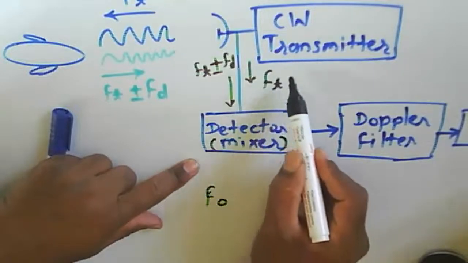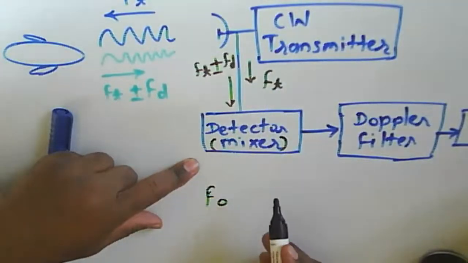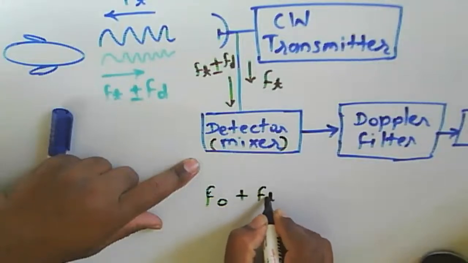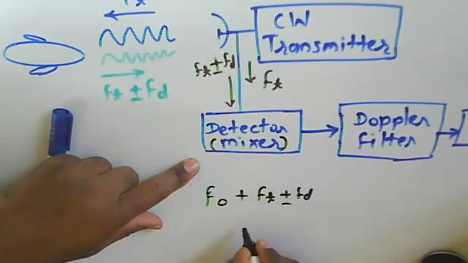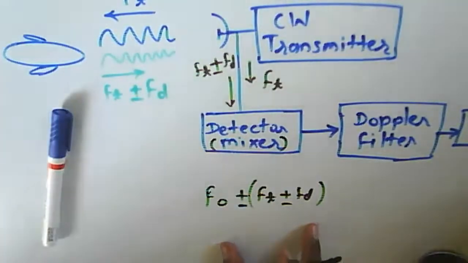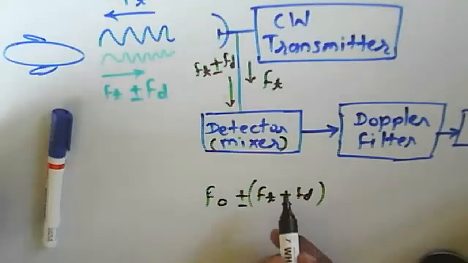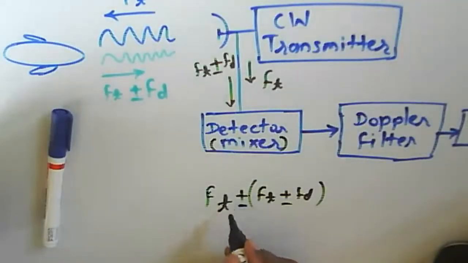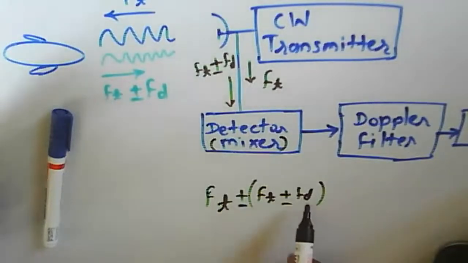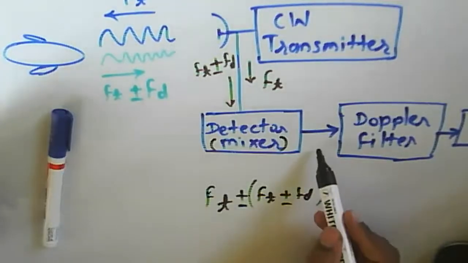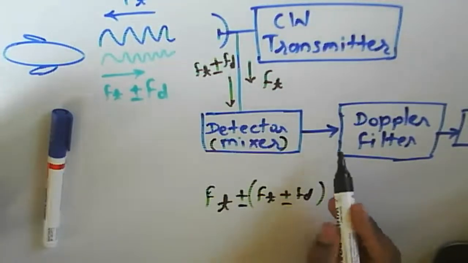Right now ft is nothing but your local oscillator frequency signal, and we get the signal ft plus or minus fd, because the mixer differentiates what is ft and what is fd. Generally a minus sign is used, plus is not used. Ft minus ft gets cancelled. We will get either a plus fd or a minus fd.